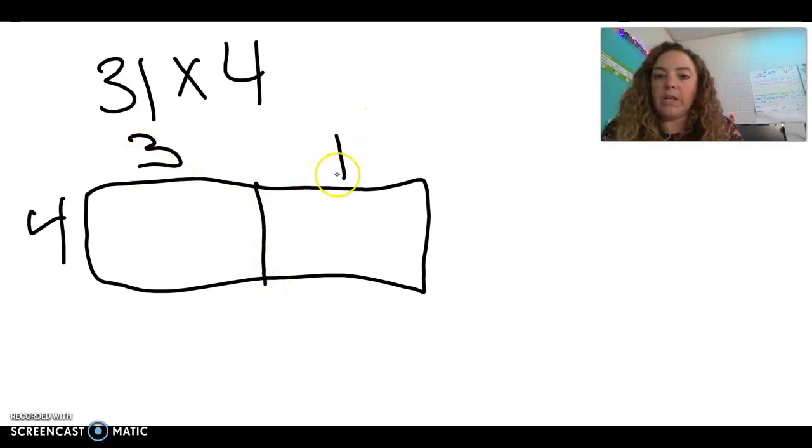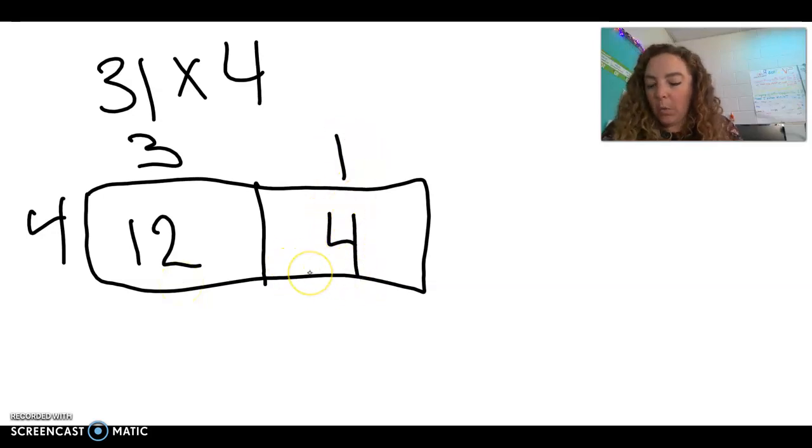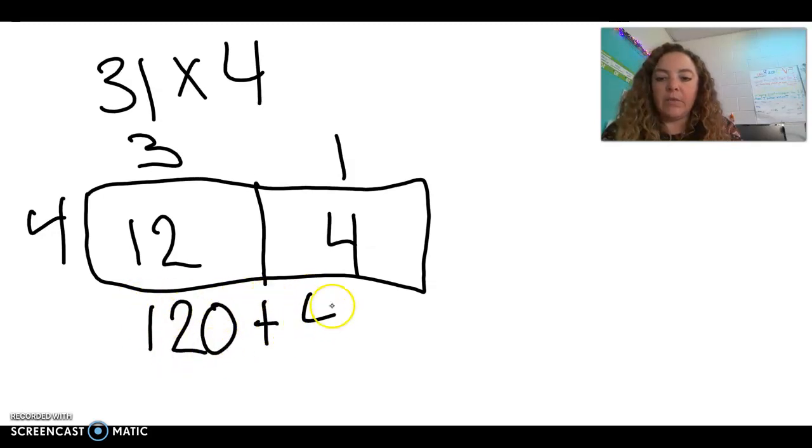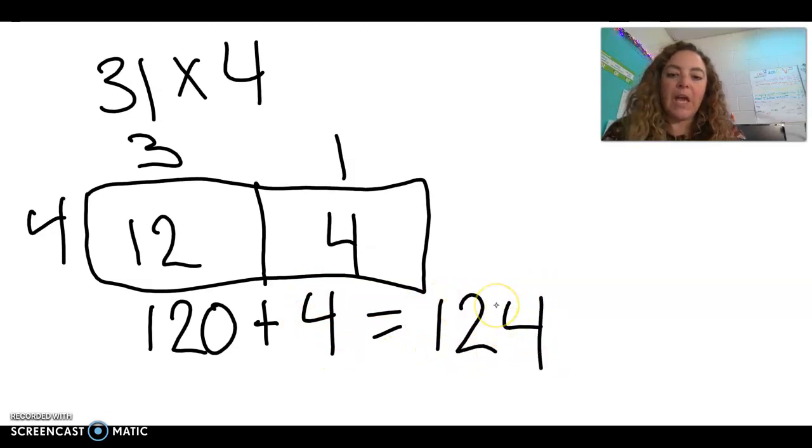And we're going to put our 1 here in the ones place value. So 4 times 3 is 12 tens, plus 4 times 1 is 4, so 4 ones. So this really would say 120 plus 4, which equals 124. Okay, so just a real simple, straightforward way to do that.